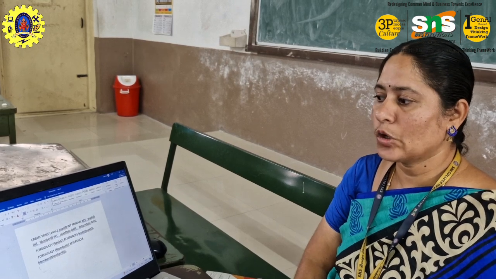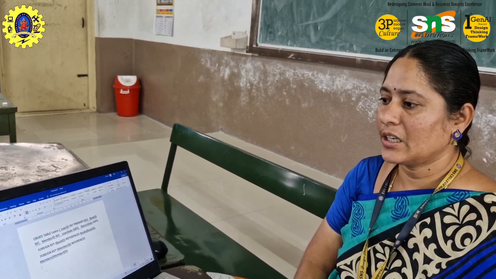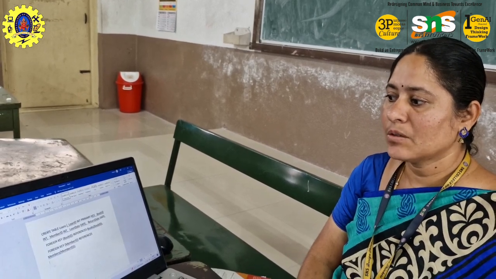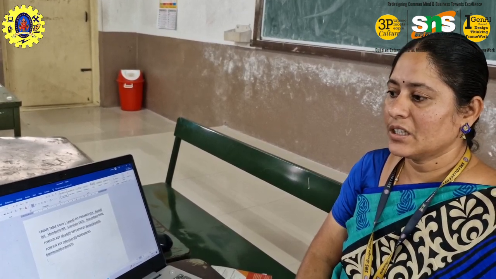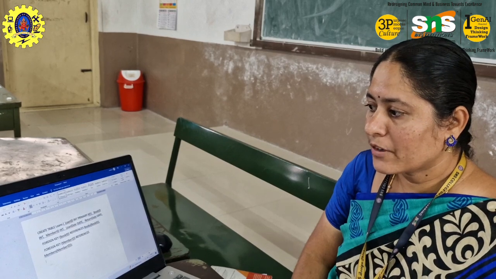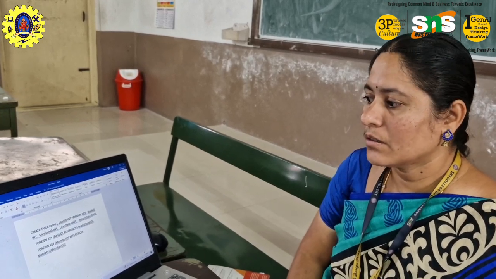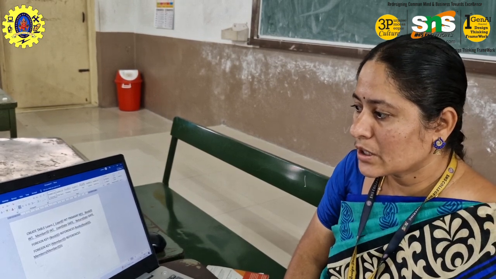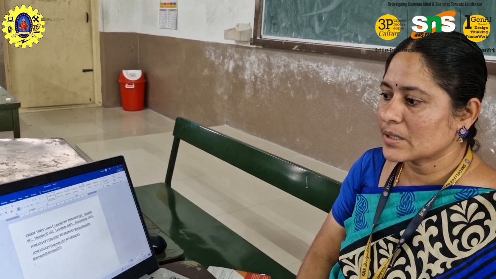Return date is a column name, date is the data type. Foreign key of book ID references books of book ID. Here we are referring to the books table to collect information using book ID. Foreign key of member ID references members of member ID. A foreign key is a field in a table that references the primary key in another table.